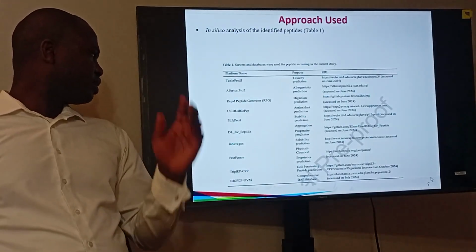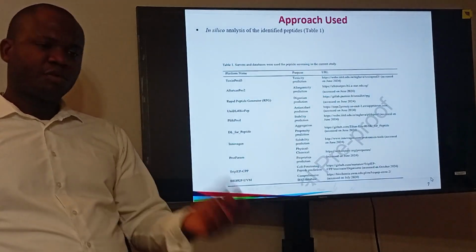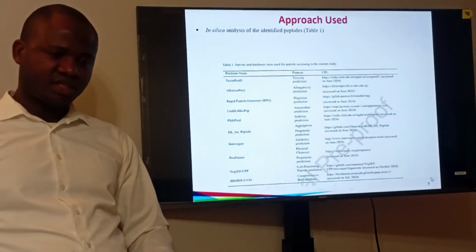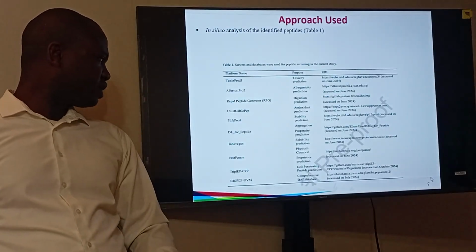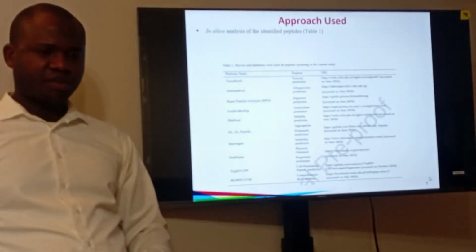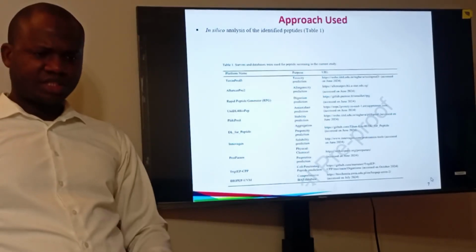Then they used a lot of other predictive tools to get the physicochemical properties of each of the peptides in terms of half-life, solubility, and the propensity of that particular peptide to penetrate the membrane, because of cell-penetrating peptide prediction.